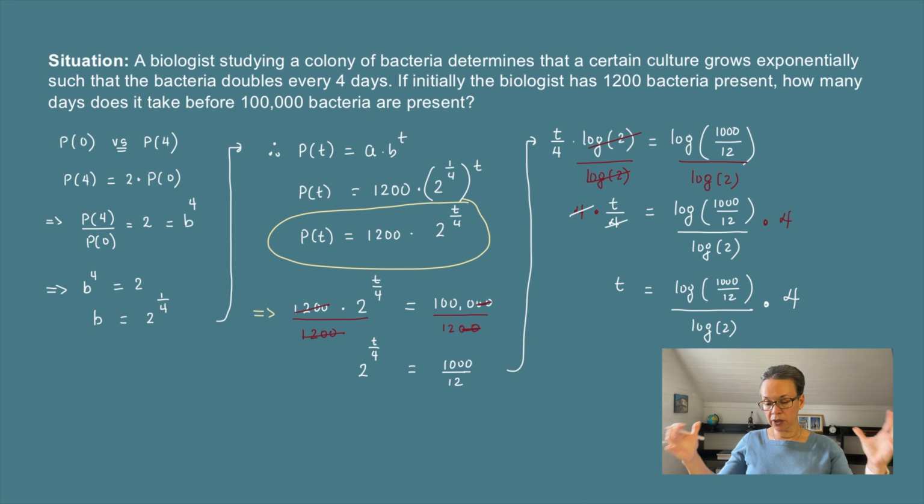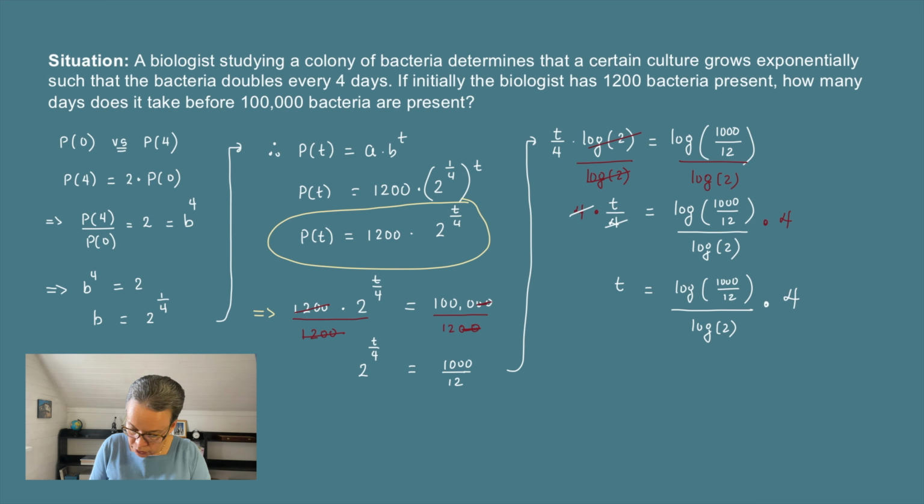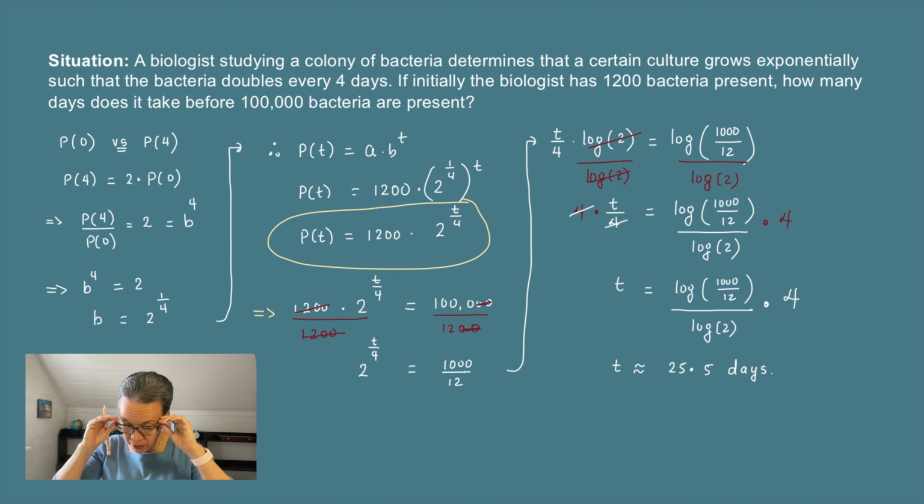Now you get your calculator, you input that expression, and when you do that, we should get that t is going to be approximately 25.5 days. So it will take approximately 25 days and a half for the population of bacteria to be 100,000.